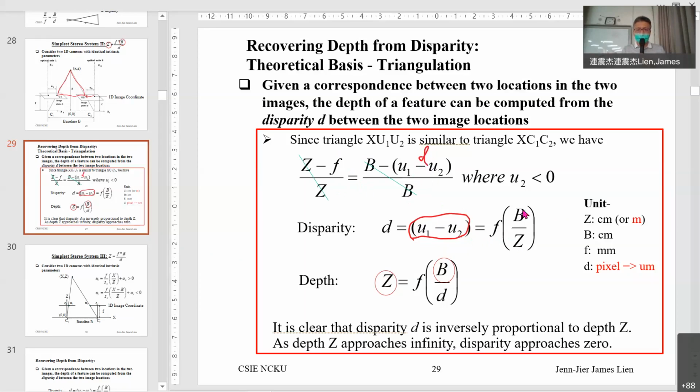B compared with B. So if we move B to here, B compared with B is equal to F compared with D. So we know B, we know F. So if we calculate the disparity D, we will get Z. So that's stereo.